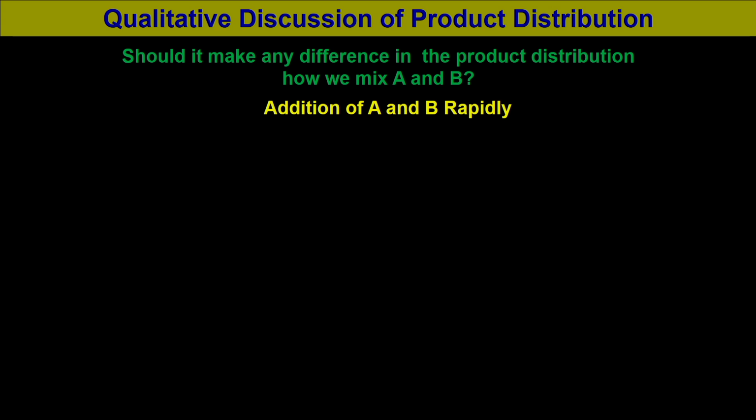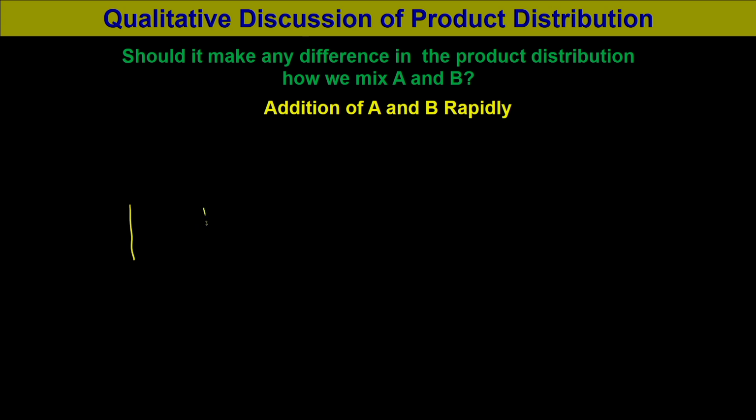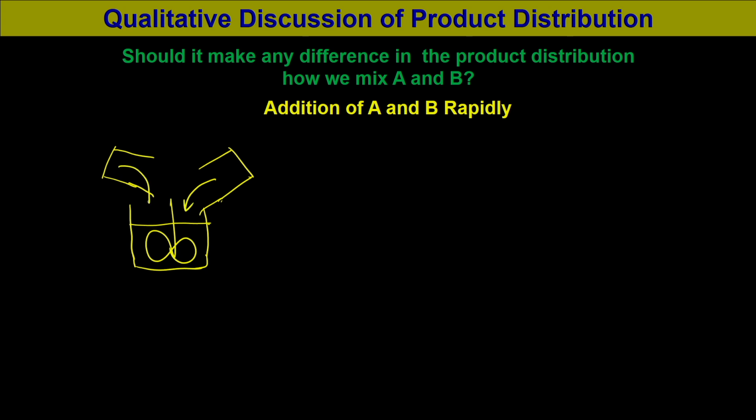If we add both A and B simultaneously and mix them together, say this is our mixing tank, we can add both A and B components into the beaker, so the contents mix uniformly before they react.